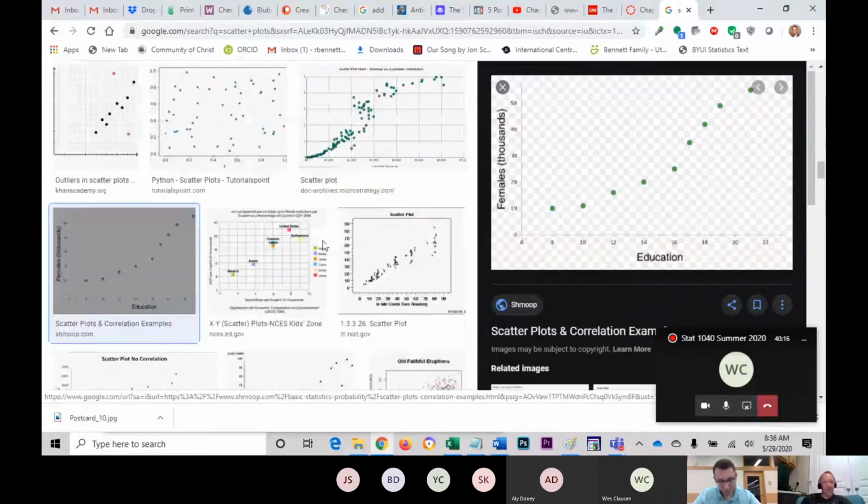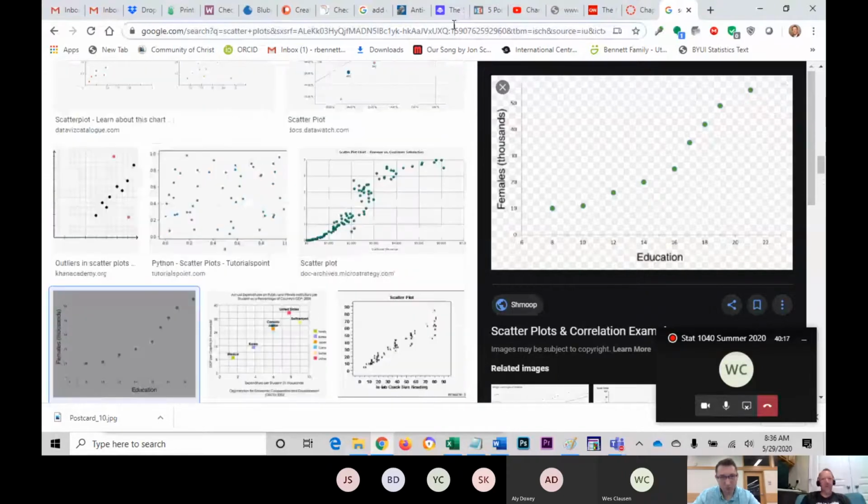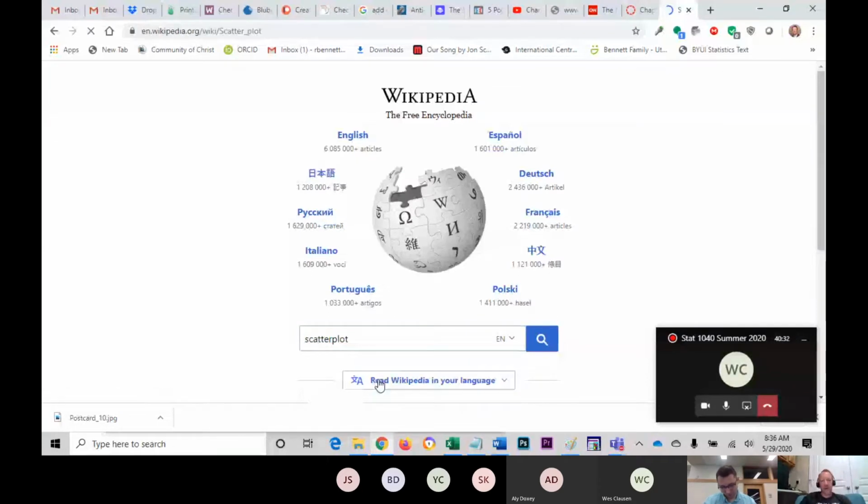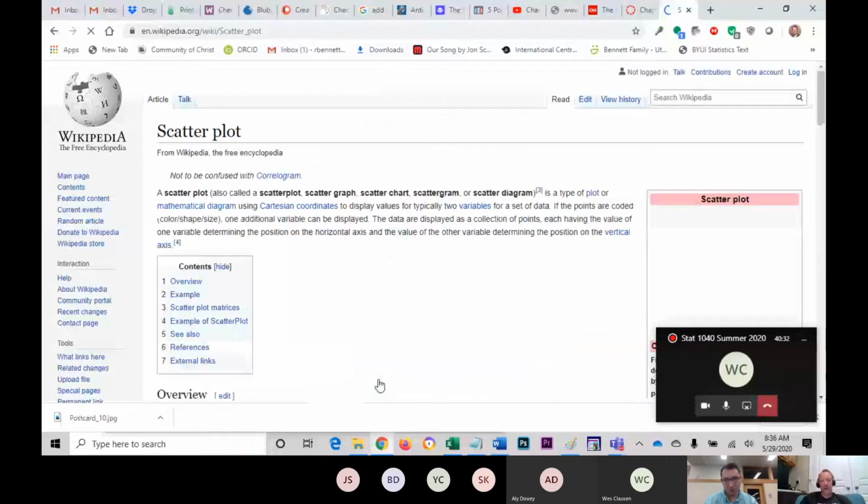I will show you this because Wikipedia does have some good graphs here. Oh, this isn't the right one.